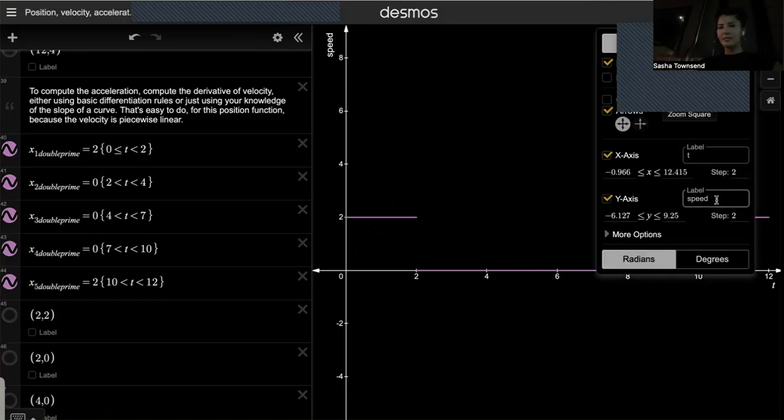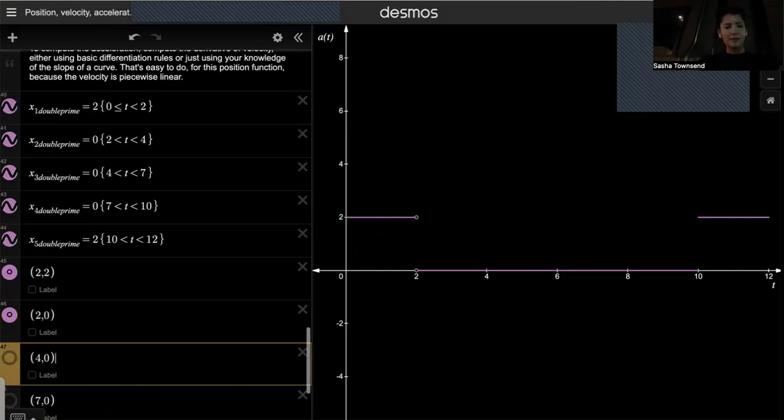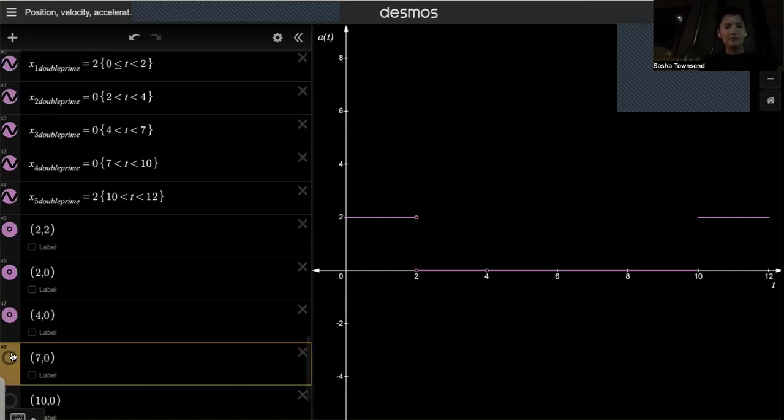We'll probably change the label at that point, call this A of t instead of speed. Make sure that you exclude those points of discontinuity on the original velocity graph when you graph the acceleration.